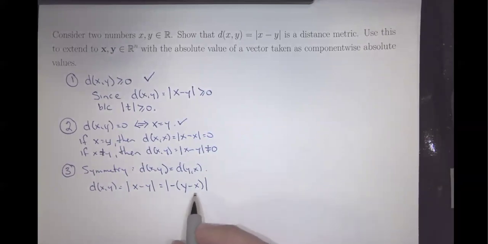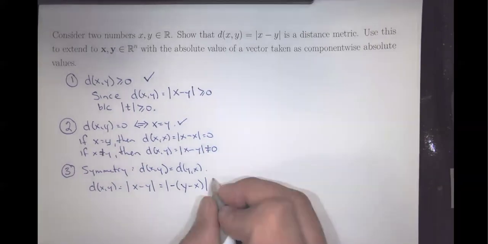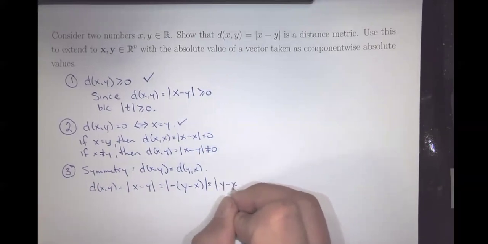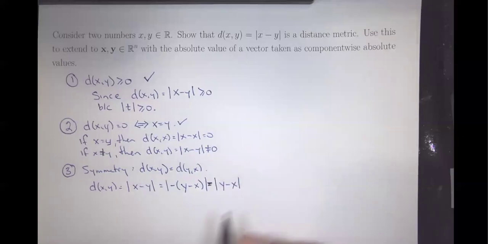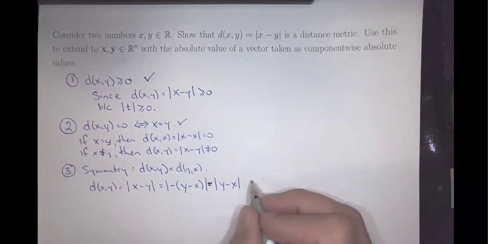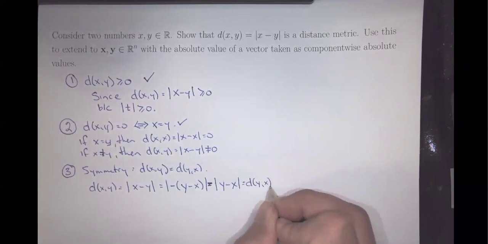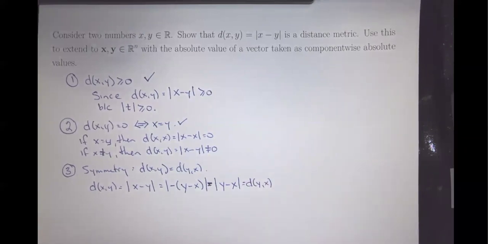Now, the absolute value of this number, where we're applying a negative sign to it, should be equal to y minus x, where we just get rid of the negative sign and look at the size of the number. But of course, the absolute value of y minus x is the distance between y and x. And so the distance between x and y is equal to the distance between y and x. Again, you can make that exact same argument for n-dimensional vectors.